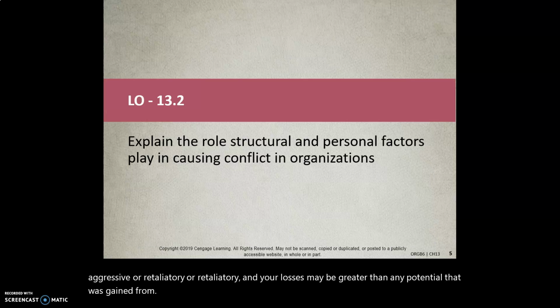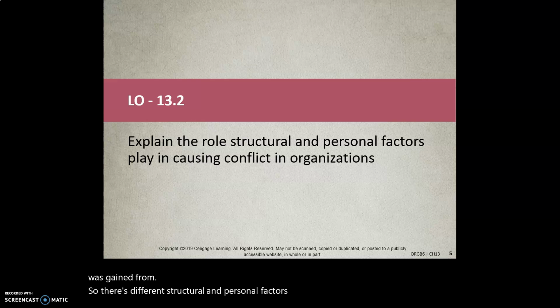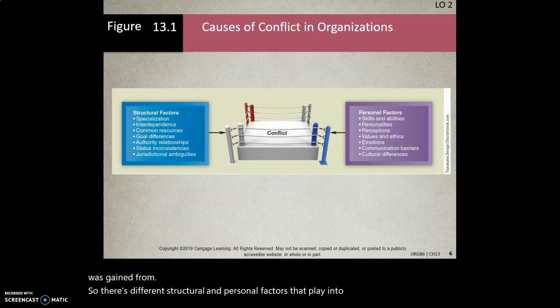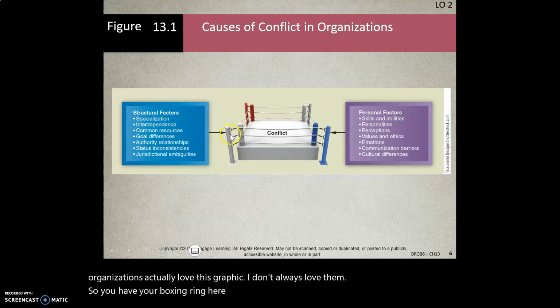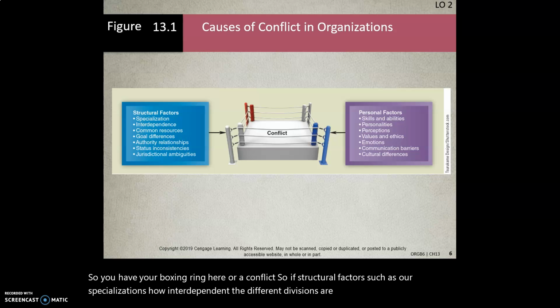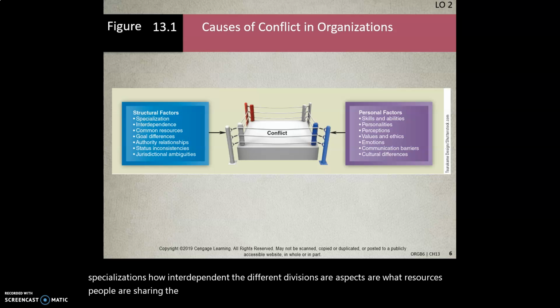So there are different structural and personal factors that play into what causes conflict in organizations. I actually love this graphic. I don't always love them. So you have your boxing ring here, or a conflict. We have structural factors such as our specializations, how interdependent the different divisions or aspects are, what resources people are sharing, the goals, the authority levels in those relationships, inconsistencies in statuses, ambiguities or just unknowns.